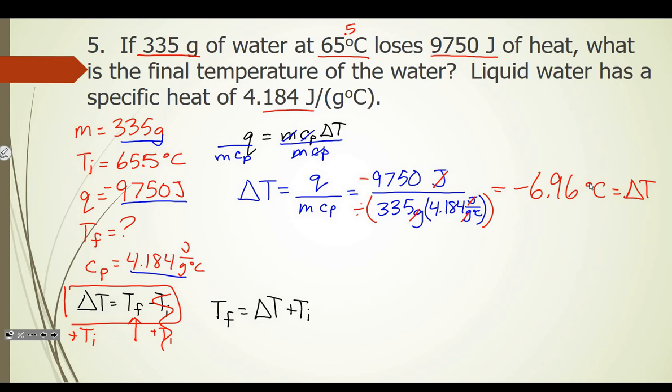Are we okay with that? So now all I have to do is go, oh, delta T, that was minus 6.96 degrees Celsius, plus my original temperature was 65.5 degrees Celsius. So what do I end up with? 58.5. Okay, and since we only had 3, so 58.51, so 58.5 degrees Celsius.